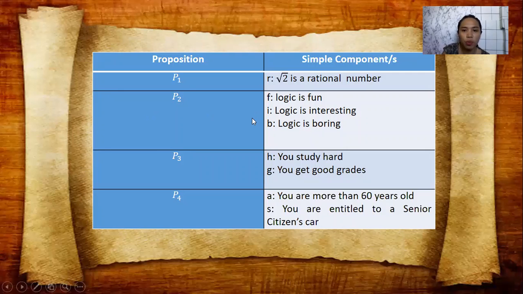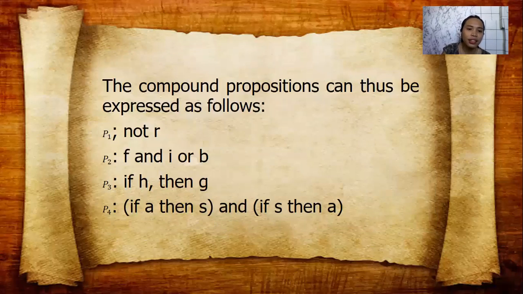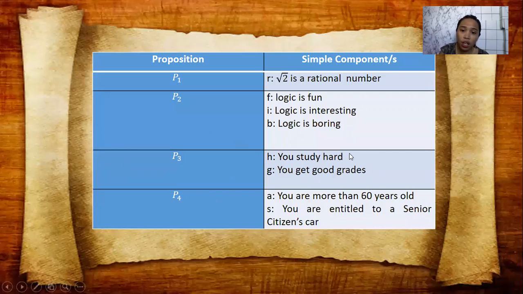So they can be joined together, which is why, going back to the compound form, you get its form. For P sub 3, if H, then G: if you study hard, then you get good grades.